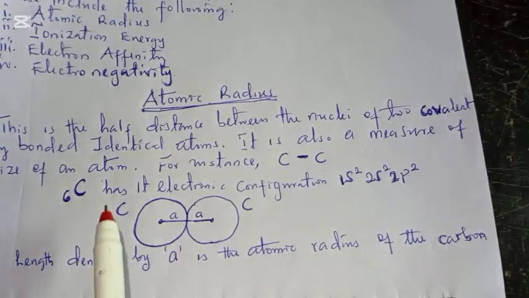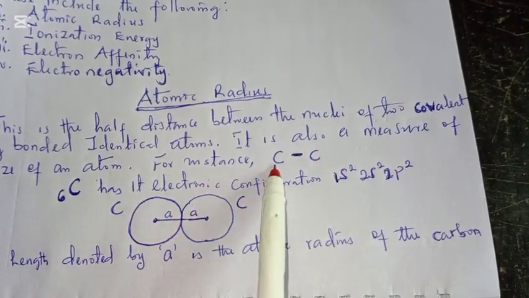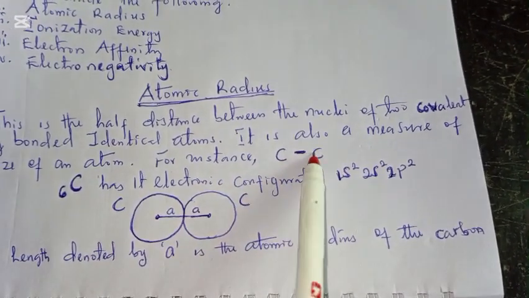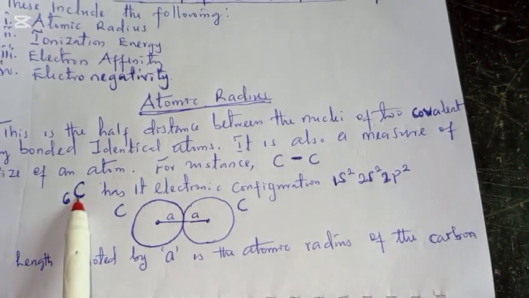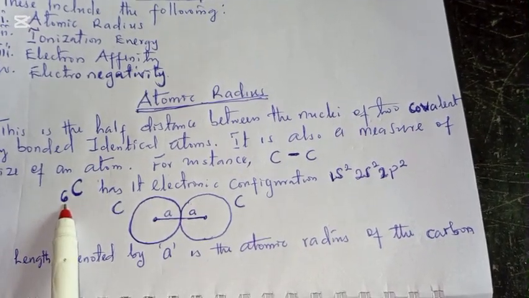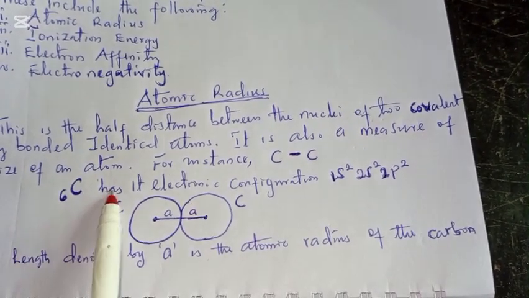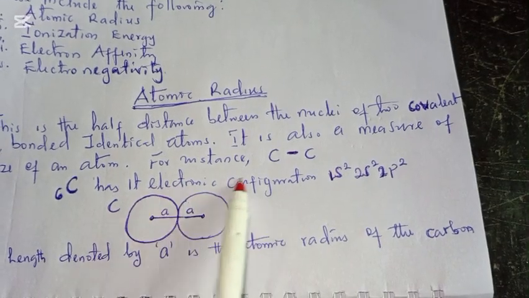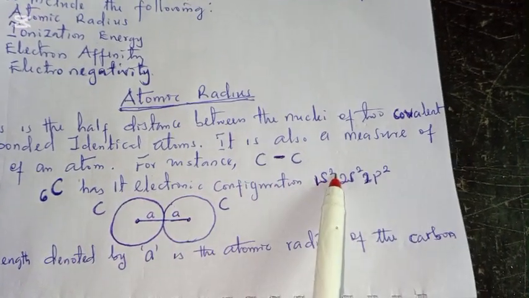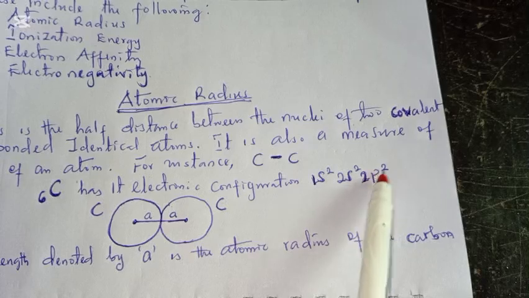Now, to understand what I'm saying clearly, let us consider this carbon-carbon bonded atom. Remember that carbon has atomic number of what? 6. On that note, its electronic configuration is 1s2, 2s2, and 2p2.